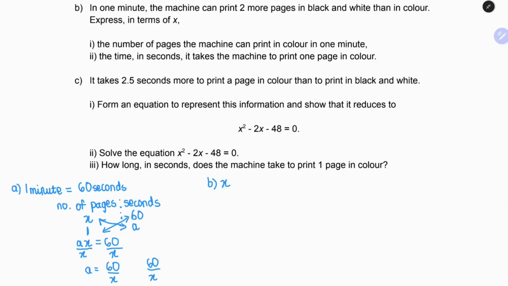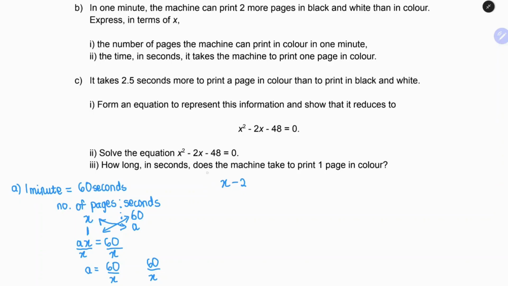So it can print 2 pages fewer in color. It's the same as saying that it can print 2 more pages in black and white. Since we have X, which is the number of pages in black and white, we already know that in color it's going to print 2 pages fewer. So it's going to be X minus 2. Hopefully this is making sense and this is not just adding to the confusion.